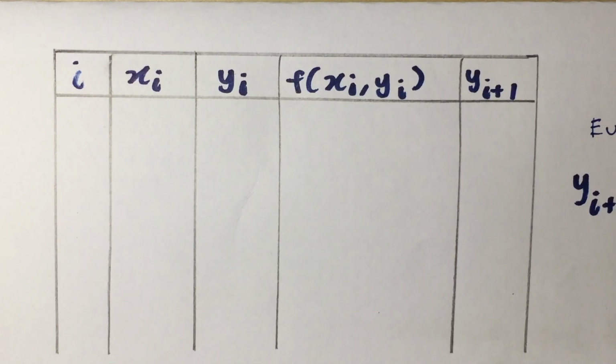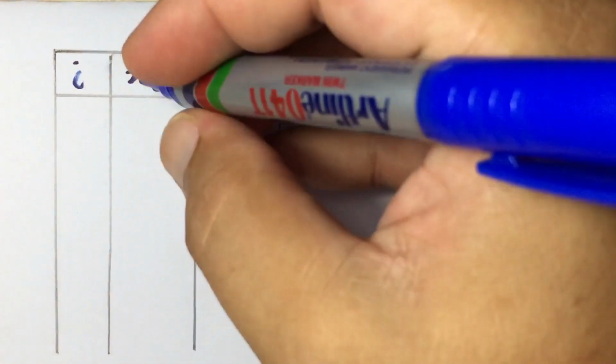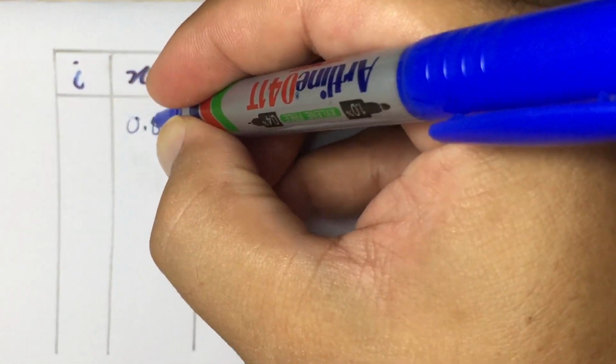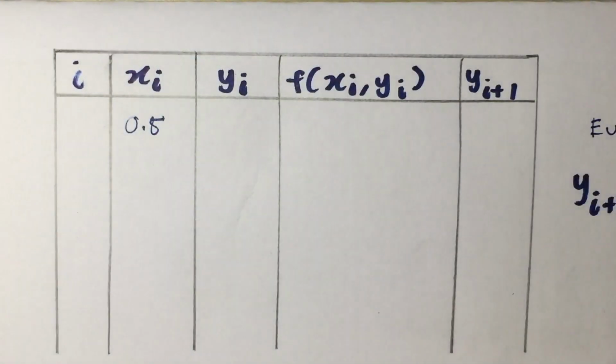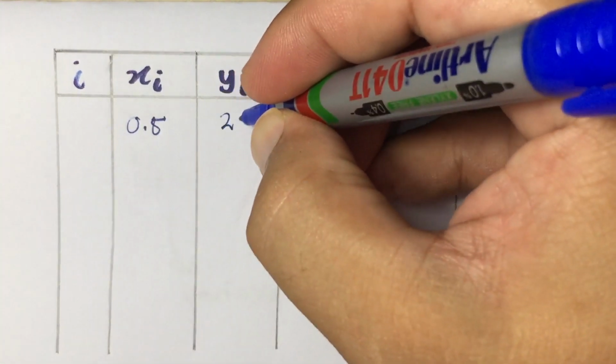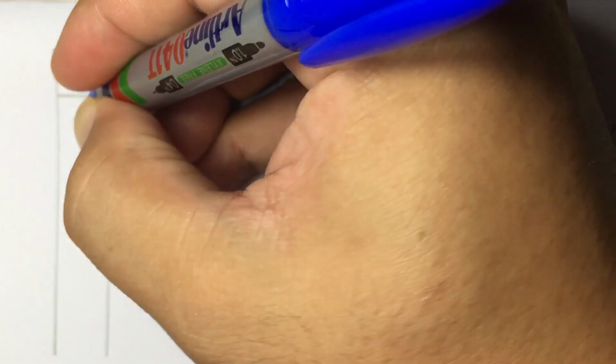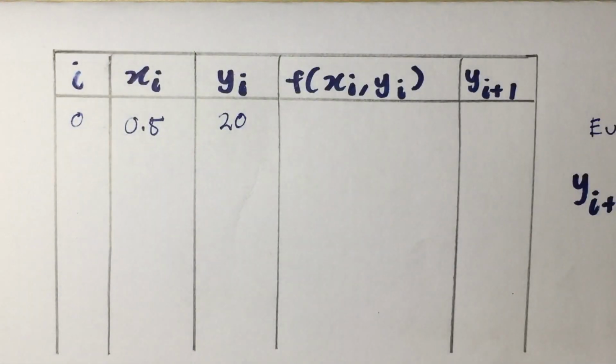The initial value that was given in the question was x equal to 0.5, and the y value at x equal to 0.5 is 20. So we take it as i equal to 0. What does it mean?